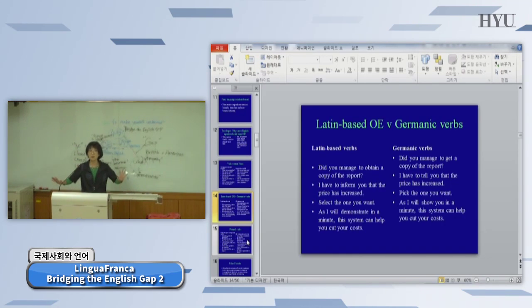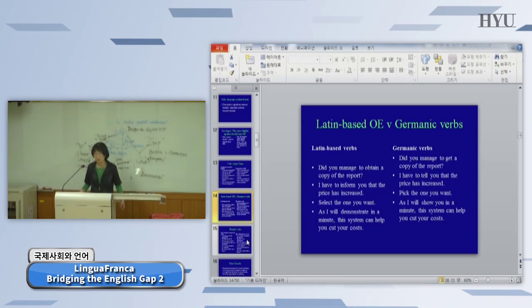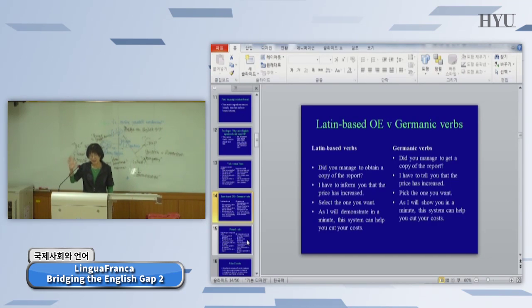And there are also differences in the preference of verbs. The native speakers tend to prefer the Germanic verbs, and offshore English speakers tend to prefer the Latin-based verbs. So for example, the Koreans are familiar with using such Latin-based words: obtain, inform, select, and demonstrate.